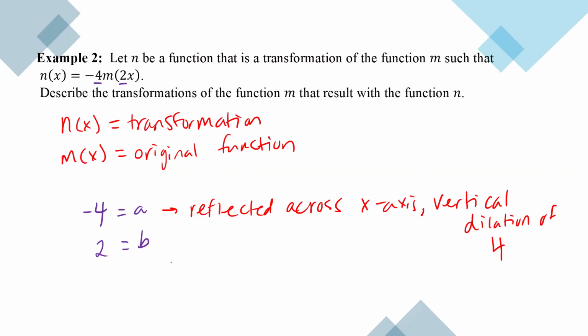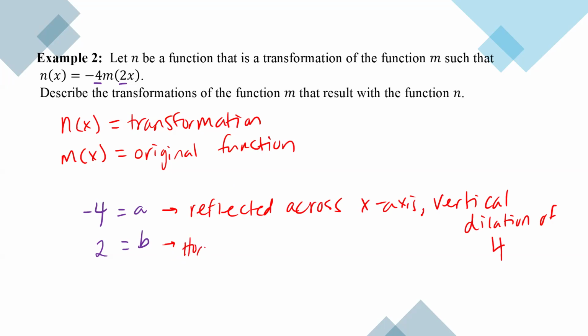Anyways, 2. What is the 2 telling me? Is it negative or positive? So it's not a reflection. But what? It's a horizontal dilation.